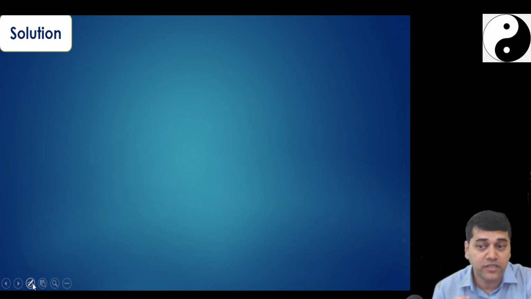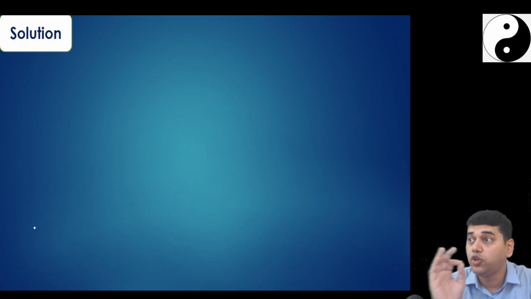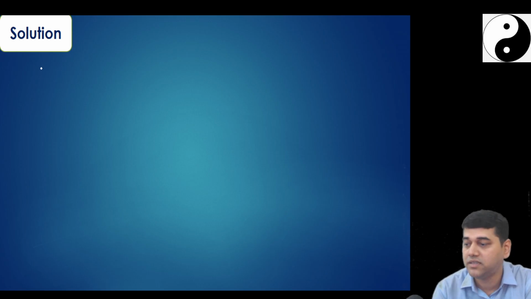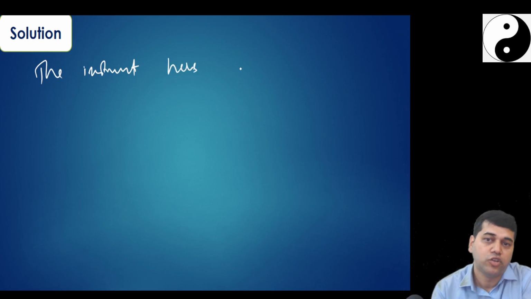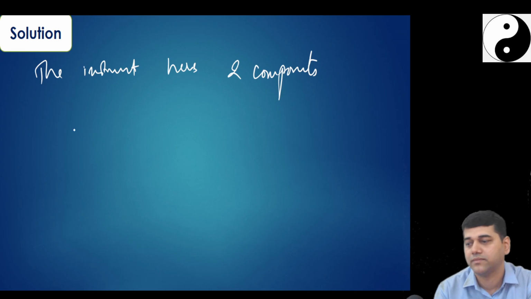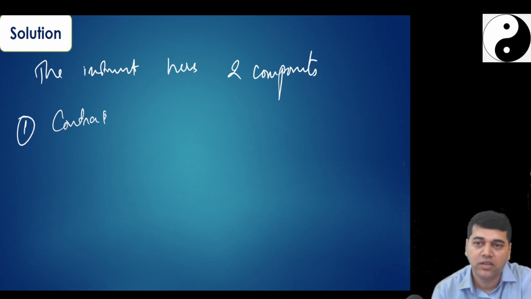Okay, first write the solution. Always when the word examine comes, look for components, right? The instrument has two components. One, contractual obligation, correct?